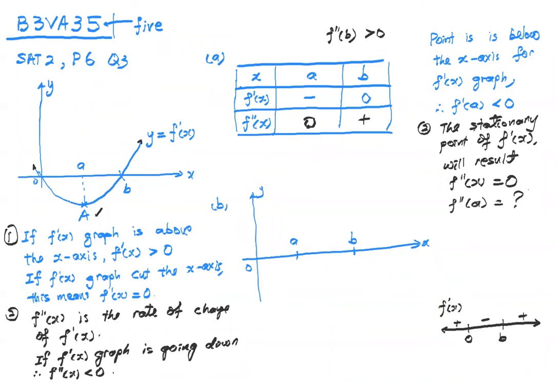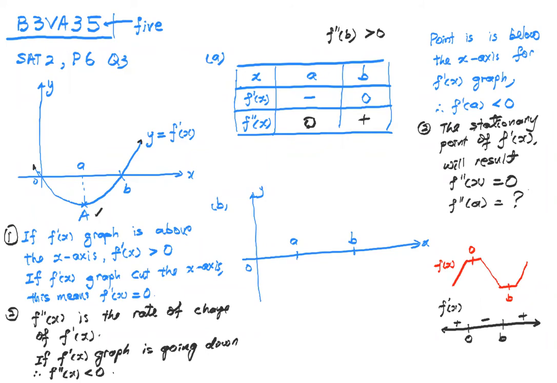So now I know my fx graph. It go up, stationary at 0. Then it go down. Then it go stationary at B. Then it go up. Am I right?